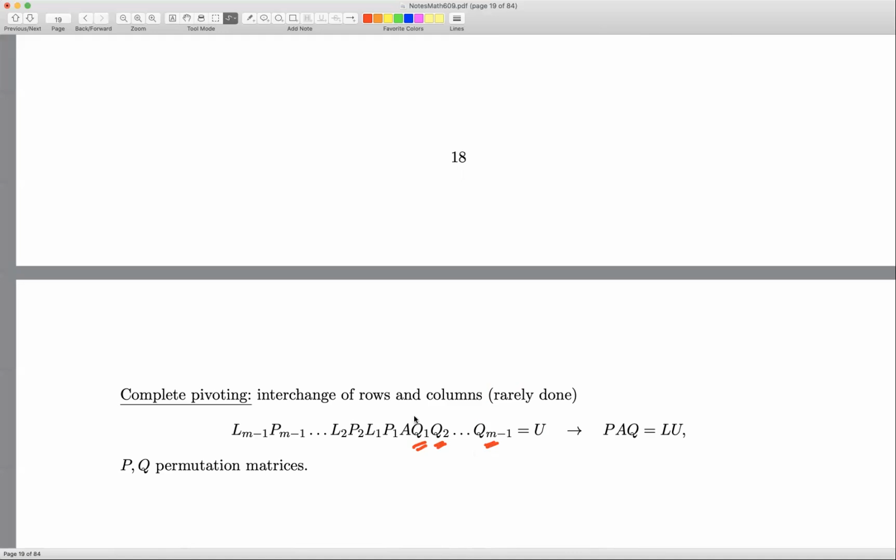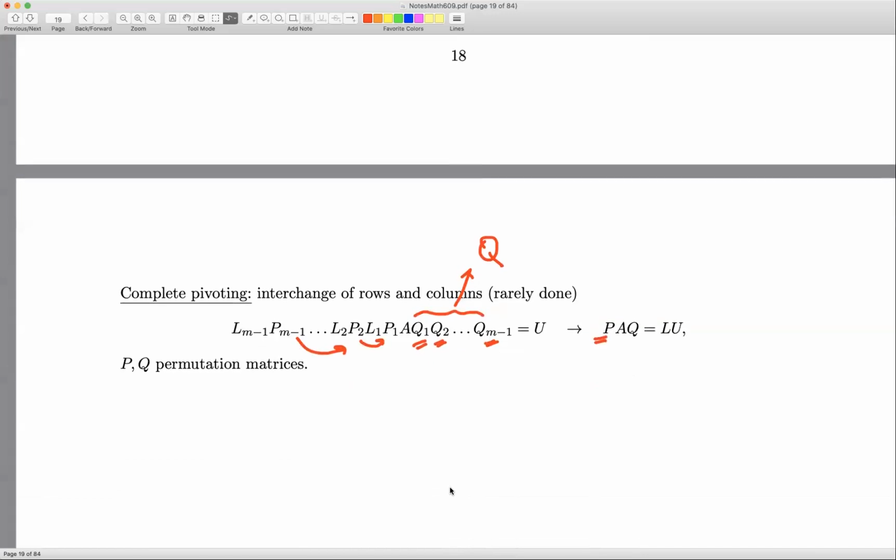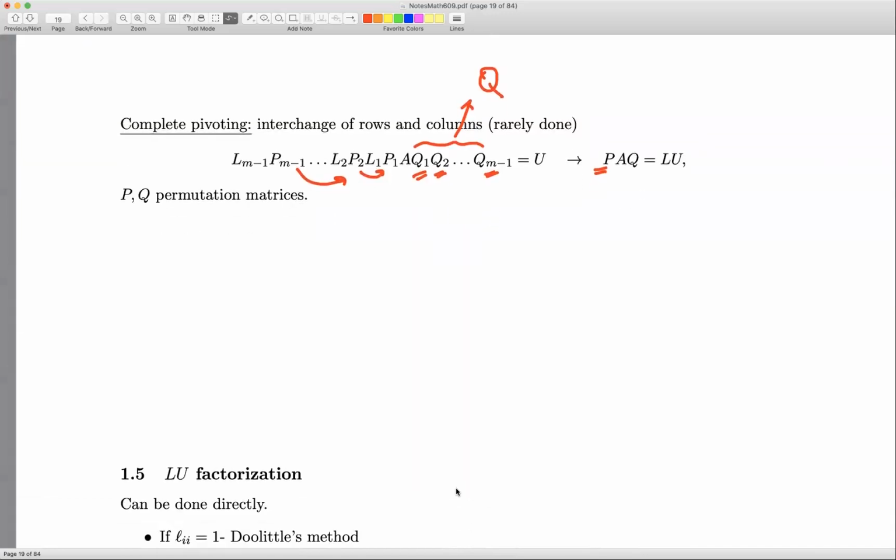As a result, the product of these permutation matrices is a permutation matrix Q. As we discussed before, we bubble up all the P's, and their product will be a matrix P, and therefore P times A times Q is equal to L times U, where P and Q are permutation matrices.